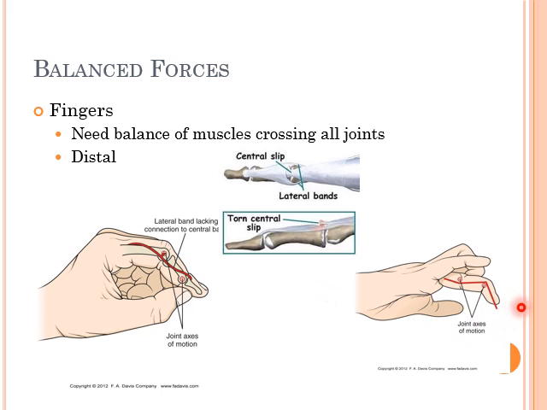Now, a swan neck deformity does just the opposite. In the case of a swan neck deformity, the PIP deforms into hyperextension, and that causes increased tension on the flexors, causing the DIP to flex. This is an injury that involves the volar plate.